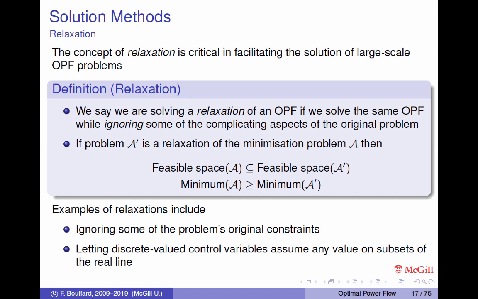Other things would be to convexify the power flow equations. So some of you might hear in the literature about convex relaxations of power flow equations. This is an extremely hot topic in the current state of research.